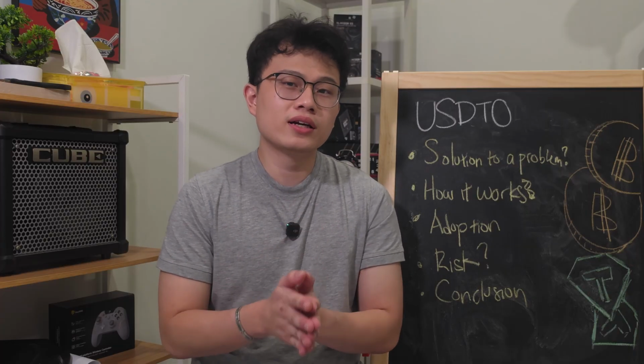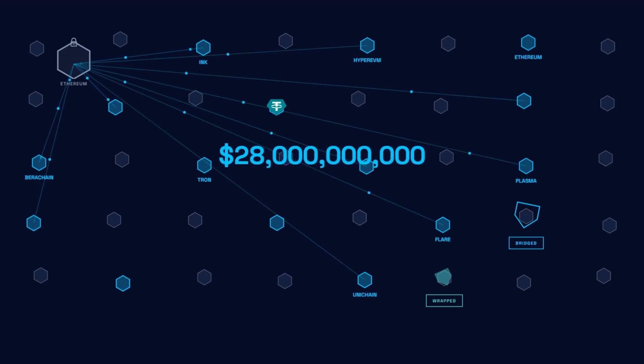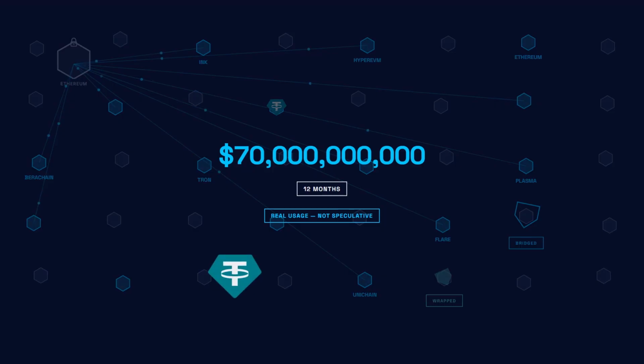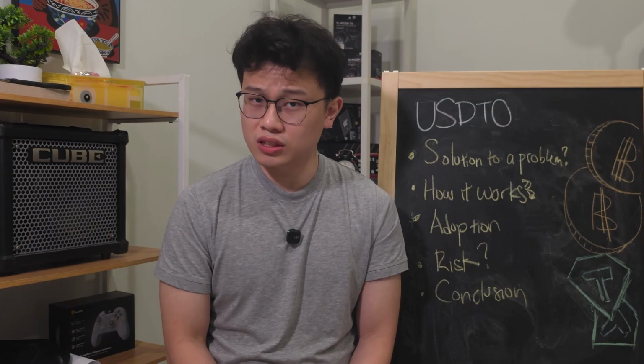The headline figure: since launch, USDT0 has facilitated more than $70 billion in cross-chain value transfers in under 12 months. Real, substantial usage, not a speculative side project. That adoption is exactly why on February 10, 2026, Tether announced a strategic investment directly into Layer 0 Labs, the company behind the messaging infrastructure USDT0 runs on.